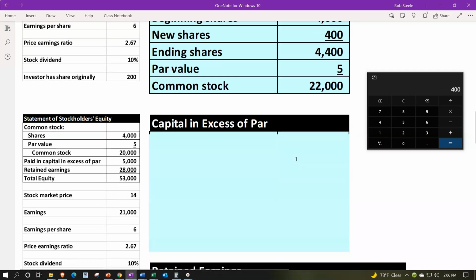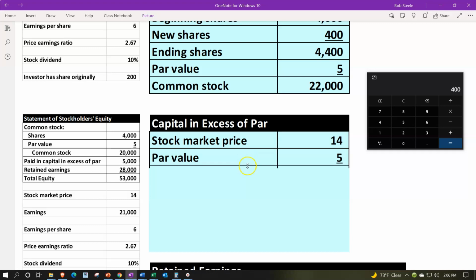Now, let's think about what's going to happen to the capital in excess of par calculation, which we can see here was at 5,000. What's going to happen there? Well, we're going to take the stock market price of 14 minus the 5, because the $5 was already taken care of in the par value calculation.